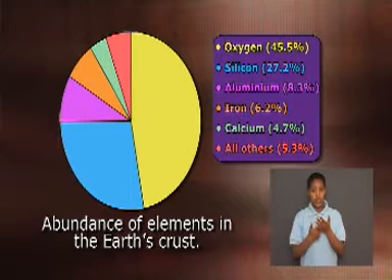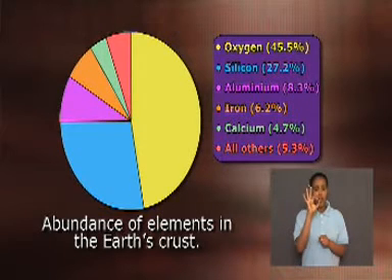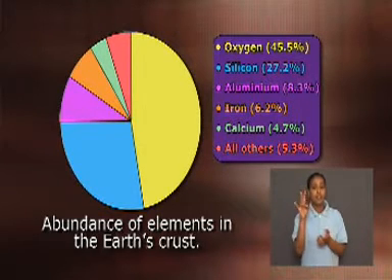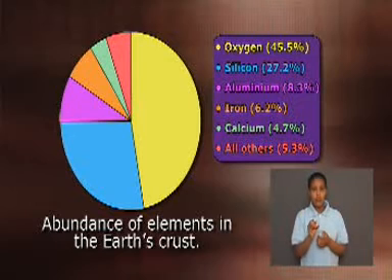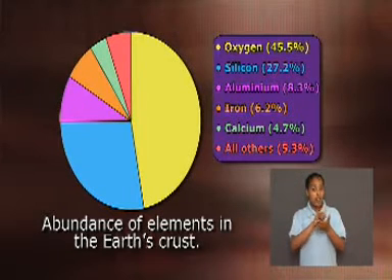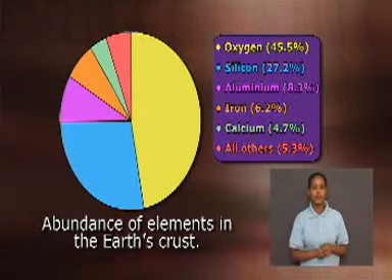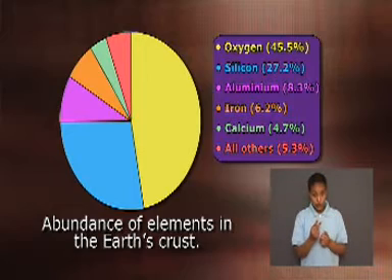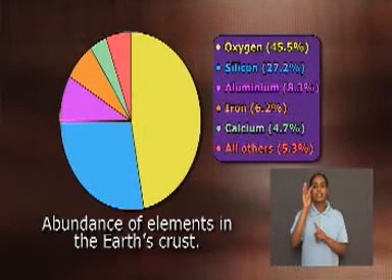These elements make up 99.7% of the Earth's crust. That is amazing. Let us look at the top 6 elements in more detail.